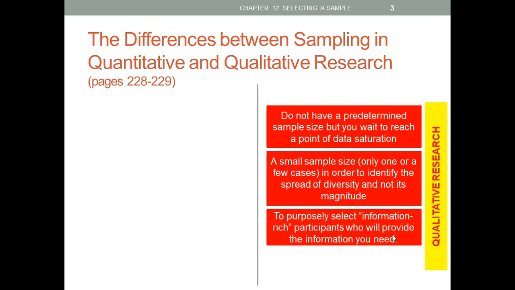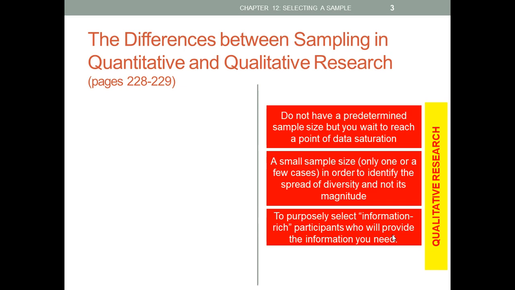And finally, this point might overlap with the previous one, but it's important to revisit even if it seems to overlap. The researcher tries to purposely select information-rich participants who will provide the information she needs.